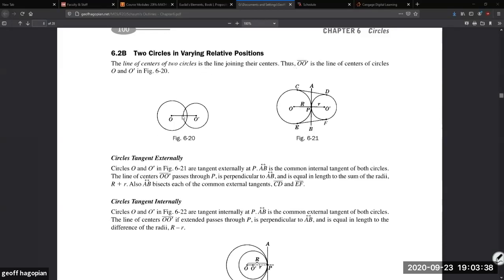So that's a definition. And circles O and O prime are externally tangent at P. AB is the common internal tangent to both circles. Is there an external tangent? Yeah, right? EF is an external tangent, and so is CD, right? Those are external tangents.